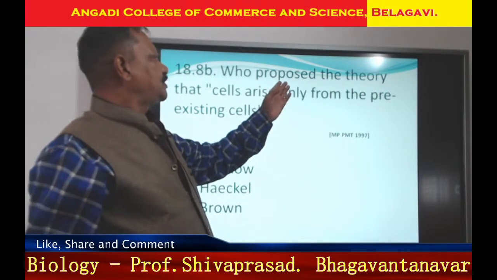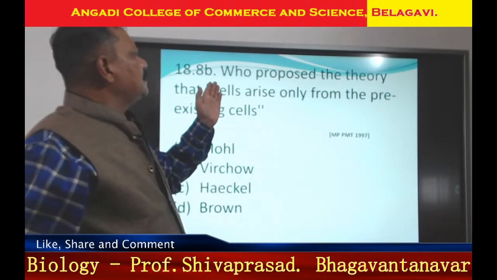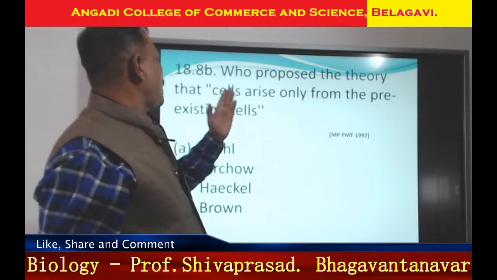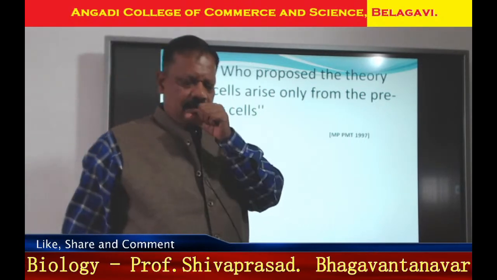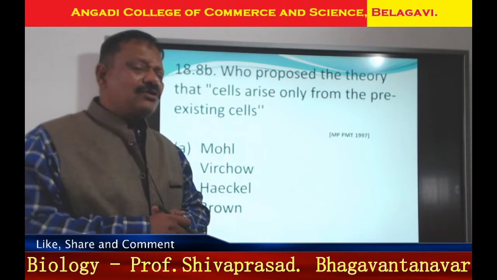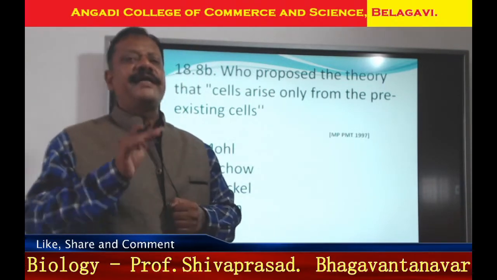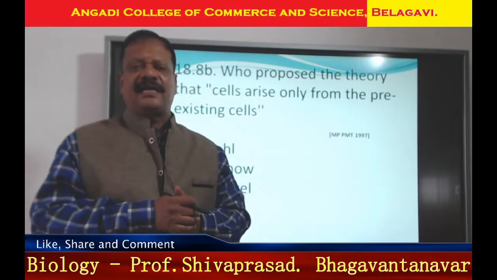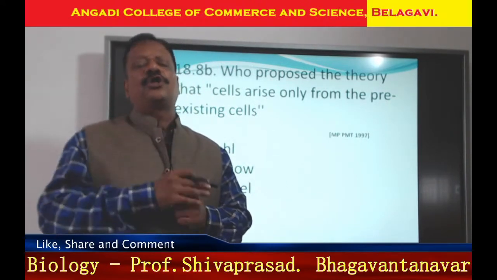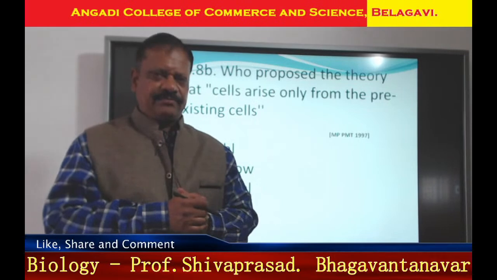Who proposed the theory that cells arise only from pre-existing cells? The cell theory was given by Schleiden and Schwann, German biologists, and Virchow improved it a little bit.